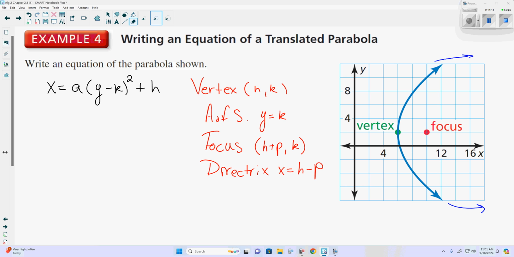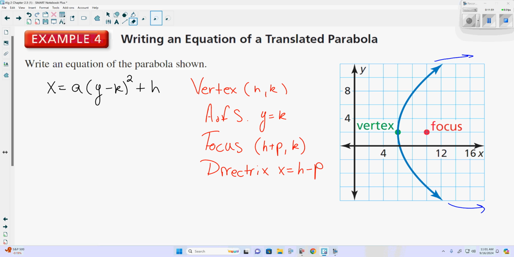Questions on where we got any of this from, or what we've done so far? We good with this so far? Because all we've done is taken all the general information. Because it opened to the right, we have x equals a times y minus k squared plus h. That's just the general form.